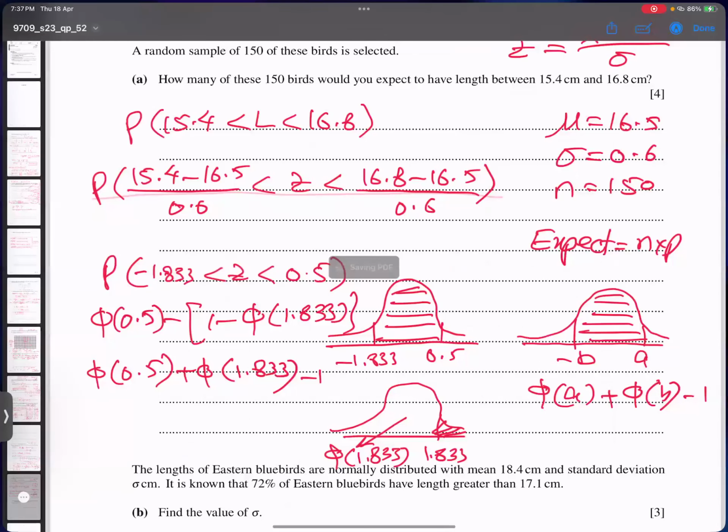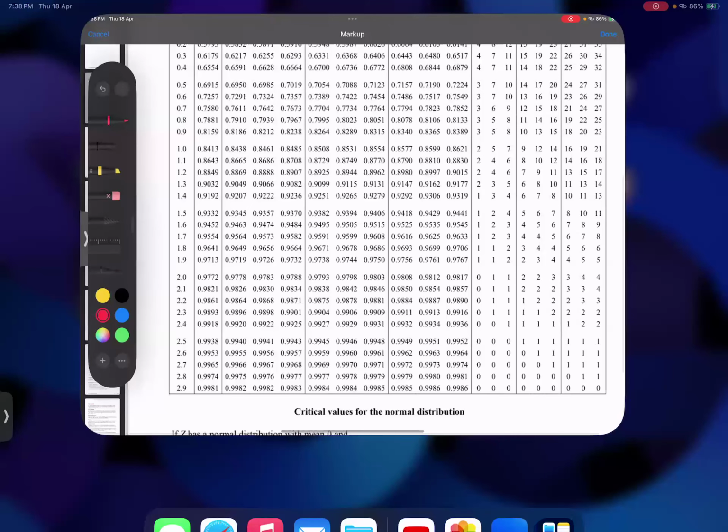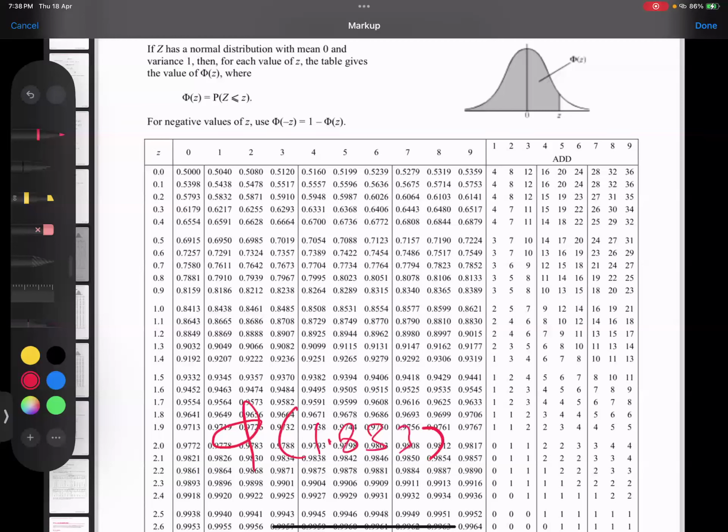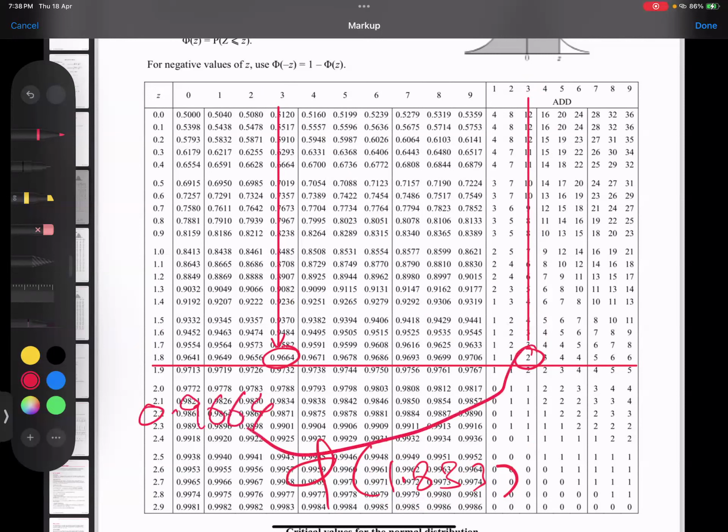For example, phi of 1.833. The 1.8 comes from here, so this line you talk about. The 1.8 comes from here, and this 3 comes from the top. So this number is coming down, and this number you talk about. So it is 0.9664, and these two add here.